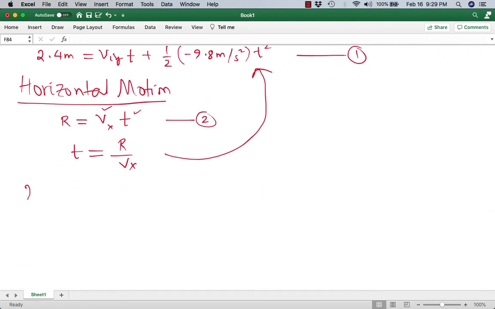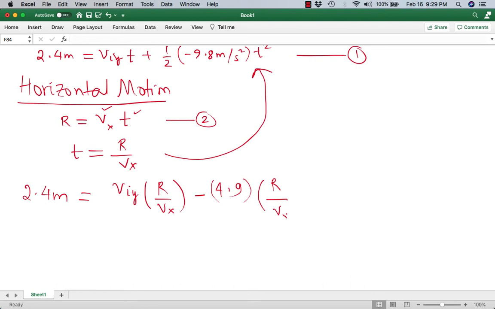So we have 2.4 meters is equal to Viy, t is R over Vx. When you divide 9.8 by 2, you get 4.9. We have negative here, so negative 4.9 times t squared, and t squared is R over Vx squared. So 2.4 is equal to Viy.